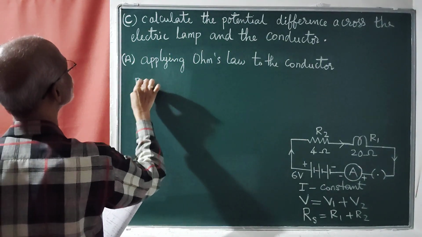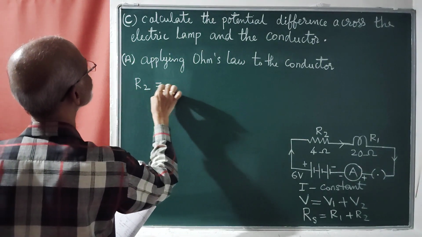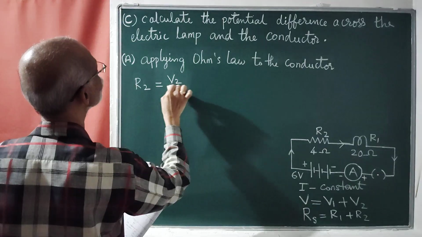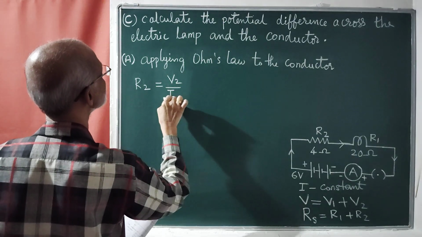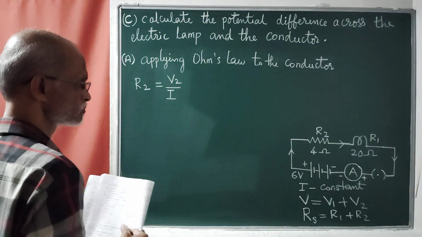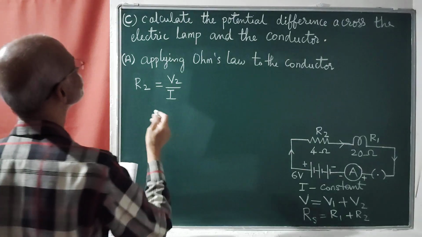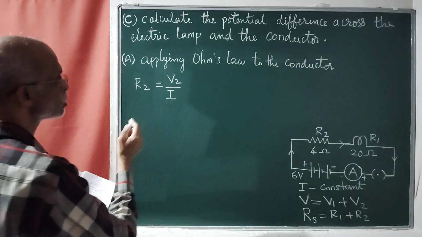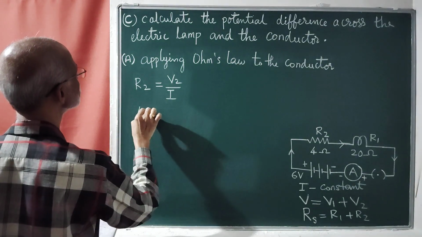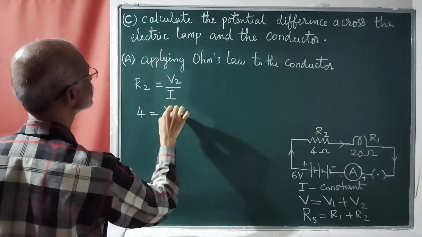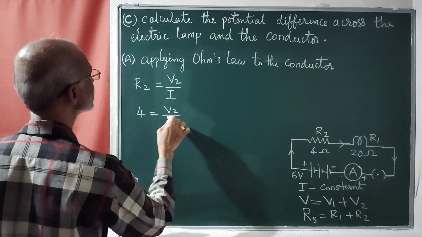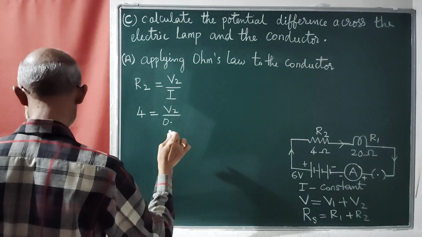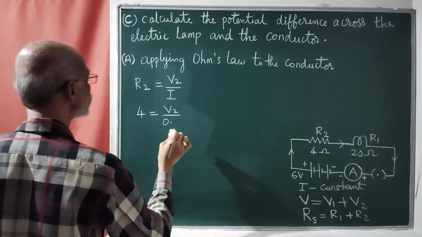So R2 is equal to V2 by I. R2 is 4 ohms, V2 divided by 0.25.